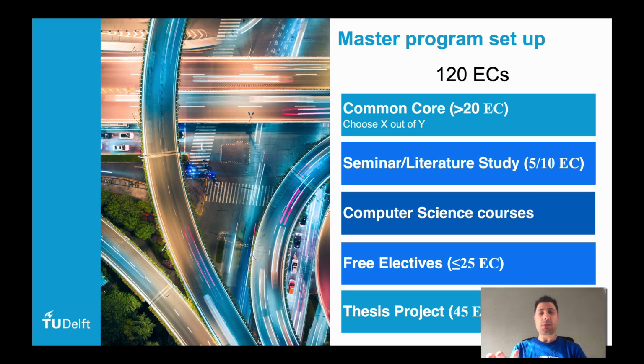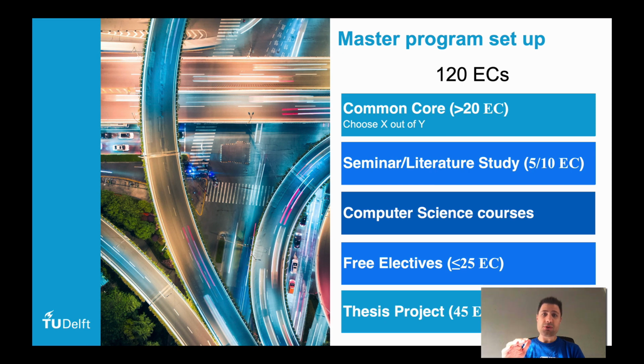But let me first talk about the setup of your master's program, because you are going to design your own program based on the track you choose. But overall, your program has 120 ECs, and you compose these 120 ECs with different things. The first thing is the common core courses, as we call them.